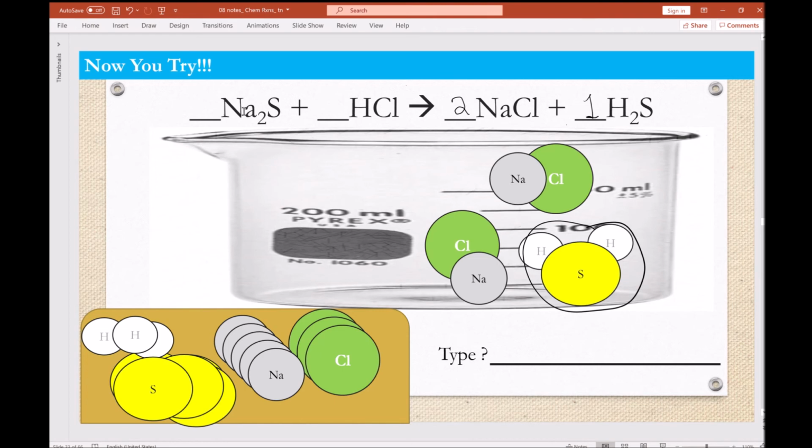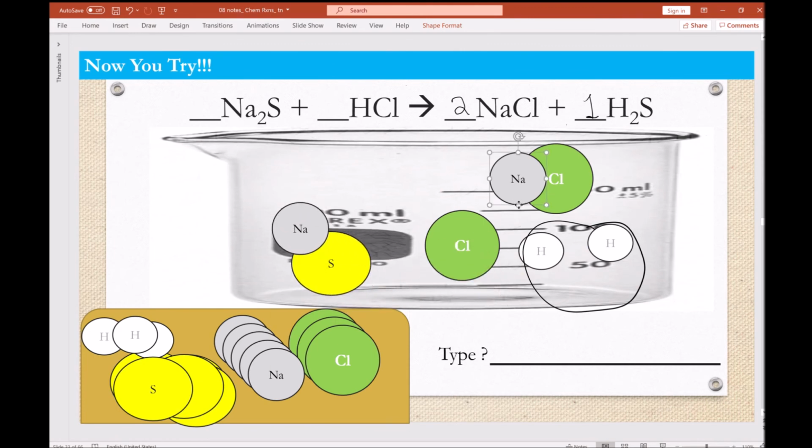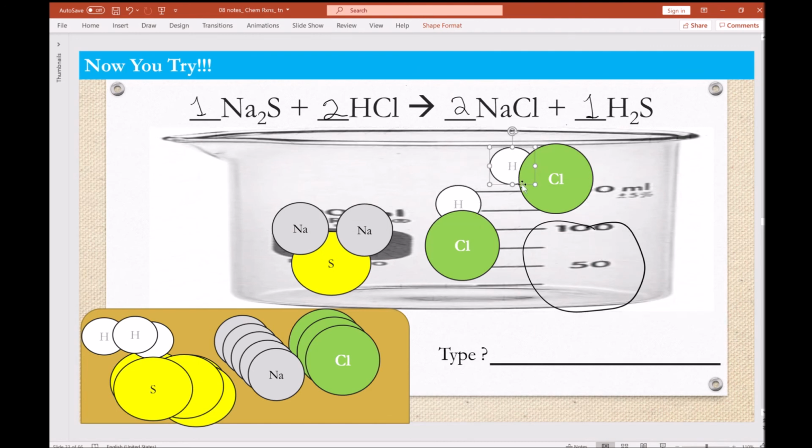Now, what did I use? Well, I had this sulfur here, which was bonded to 2 sodium atoms. And I had 1 of those. And then I had used 2 molecules of hydrochloric acid. Now I just want to double check this balanced equation to prove it to myself.